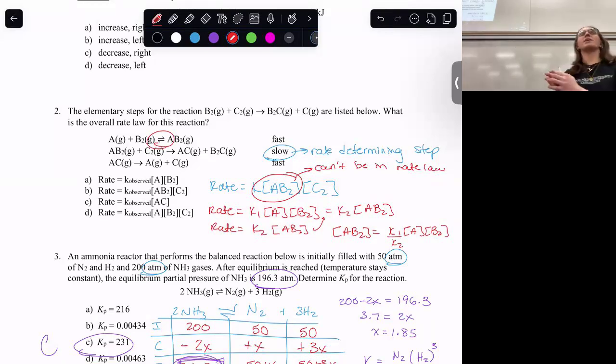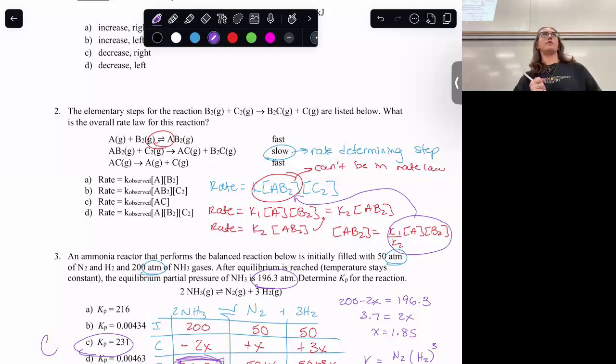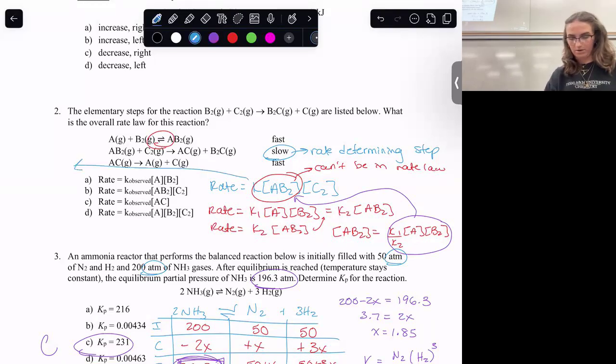So we're going to plug something in that shows us how it would act, because the forward and reverse reactions are the same in our equilibrium, and that's where our intermediate is produced from. So then we can take this whole thing and plug it into our concentration of AB2 from our initial slow step rate law. Sorry, there's a lot of arrows going on here. I ran out of space.